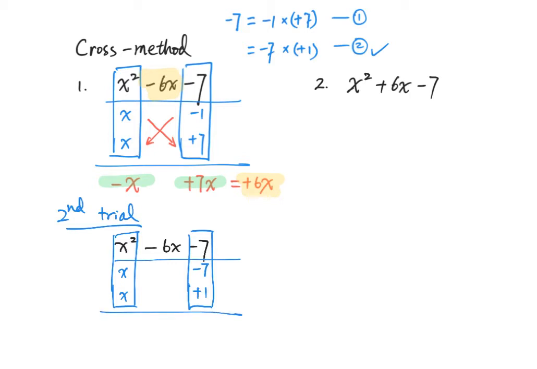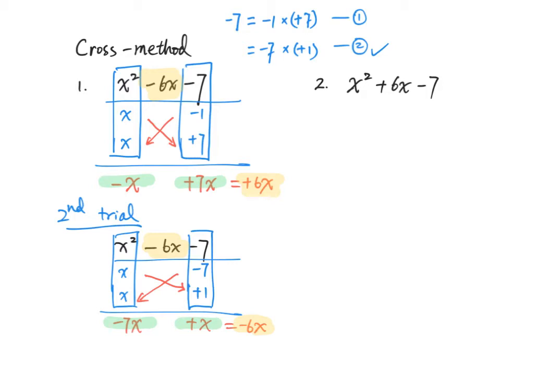Now we have -7 times x, which is -7x. x times +1, which is +x. And these two terms, -7x plus x, equal -6x. So -6x is exactly the same as our middle term. So this second trial is successful.